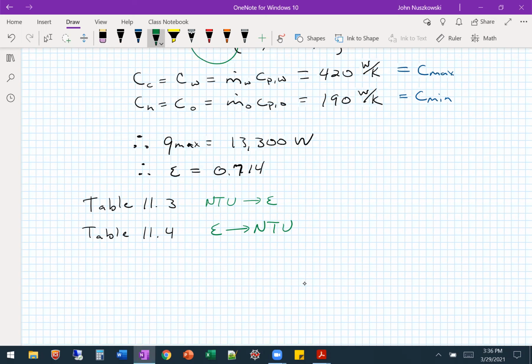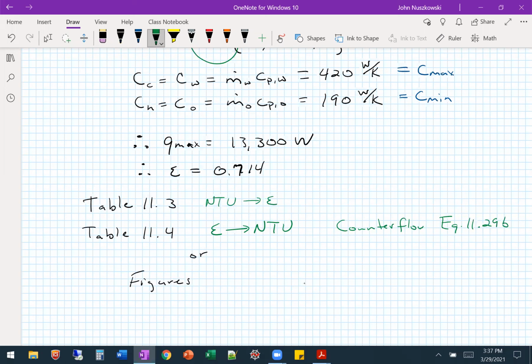So you basically look in the table and you see what flow arrangement you have, right? We have a counterflow heat exchanger. So we look in that equation, 11.29b. And we can use that equation, or you can use the figures.